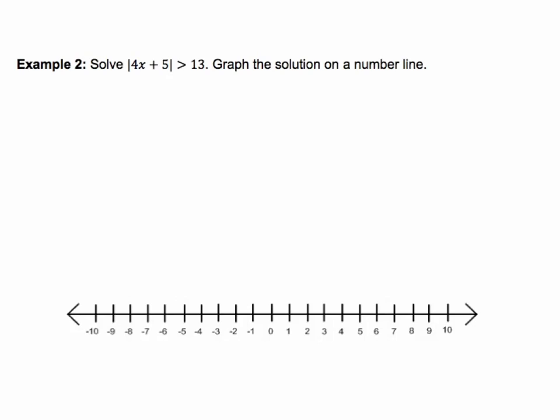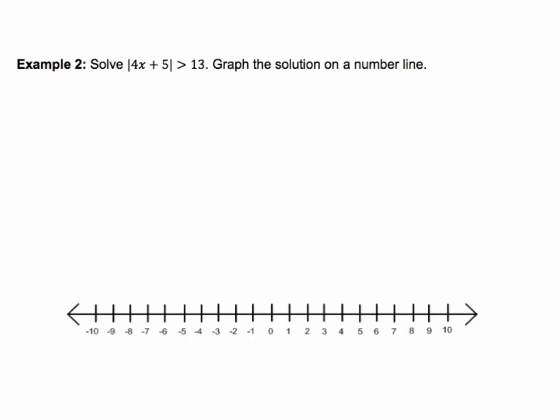Step 1 in the problem is just to make sure that we have our parent function isolated. Right now I don't see anything in front of my absolute value symbol. I don't see anything added to this inequality. I just see the parent function all by itself. It's already isolated, so we have a decent form to work with.